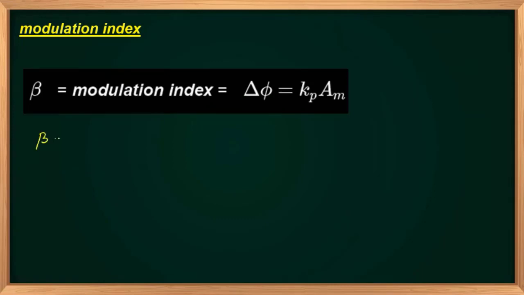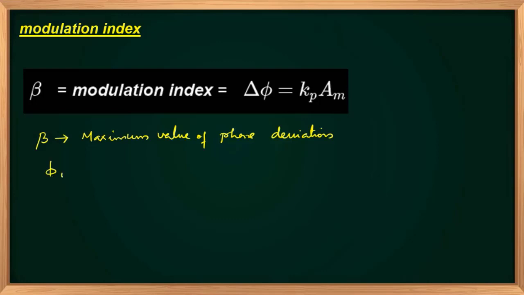So for PM, beta is defined as the maximum value of phase deviation.